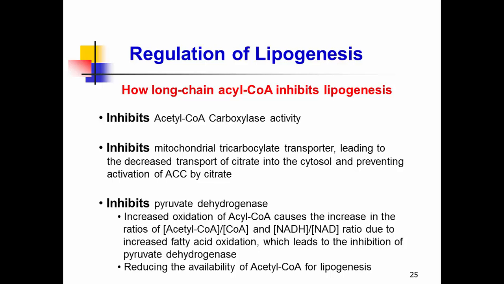So overall, long-chain acyl-CoA inhibits lipogenesis through the following mechanisms, right? First, they inhibit ACC activities. Second, they inhibit the tricarboxylate transporters, so decrease citrate levels. And lastly, they inhibit pyruvate dehydrogenase and decrease acetyl-CoA production. You decrease the substrate for the synthesis of fatty acids.